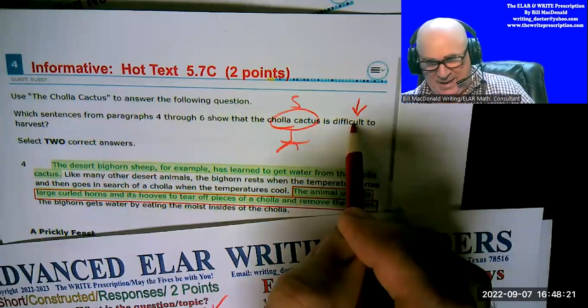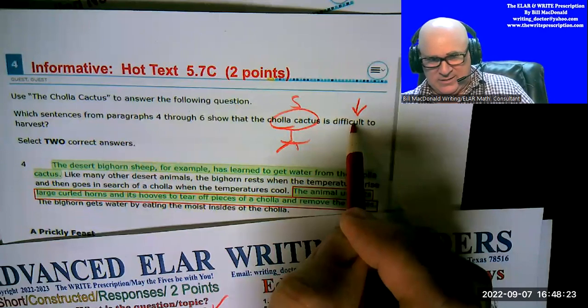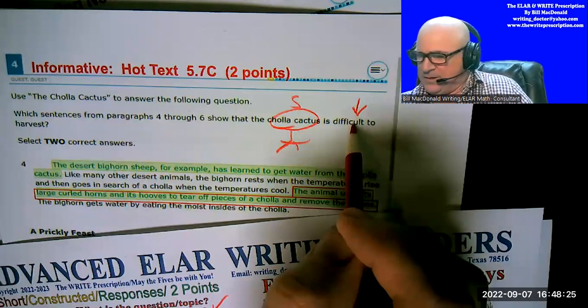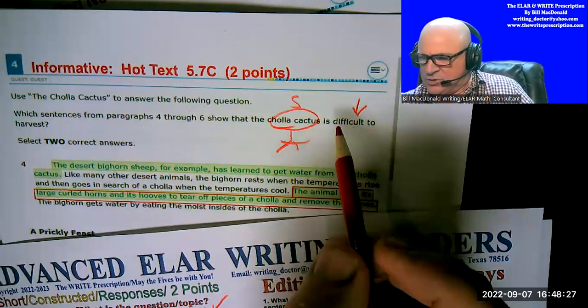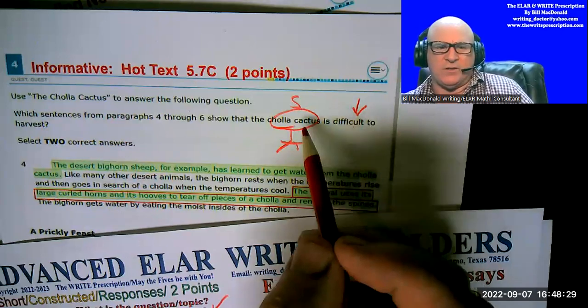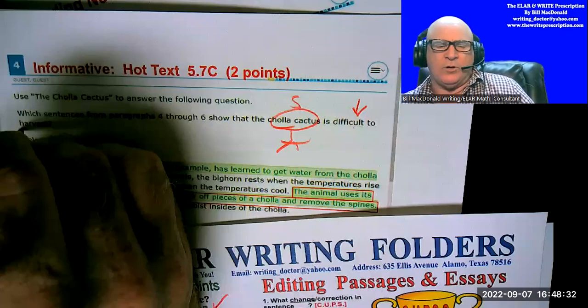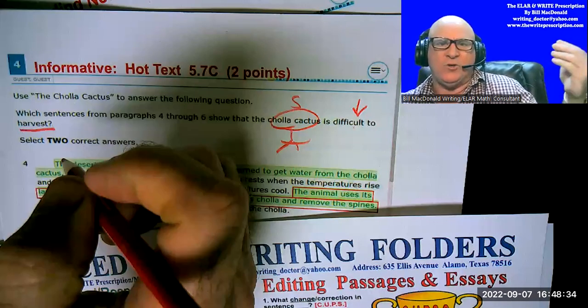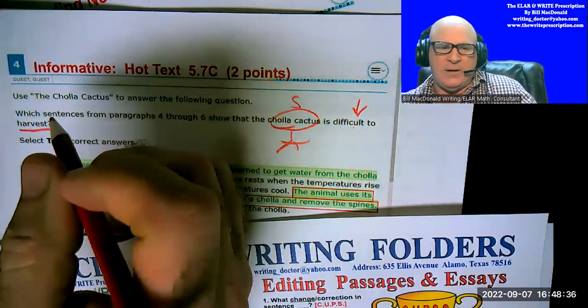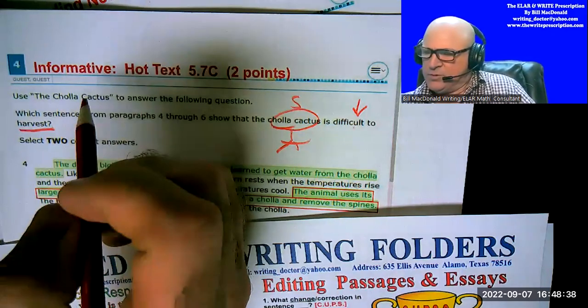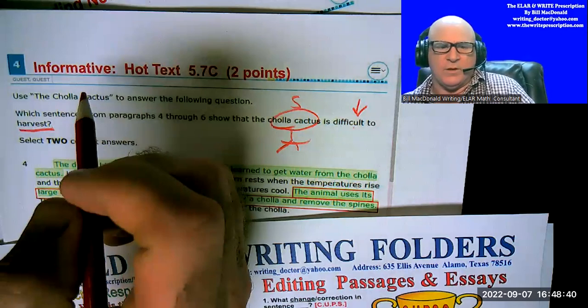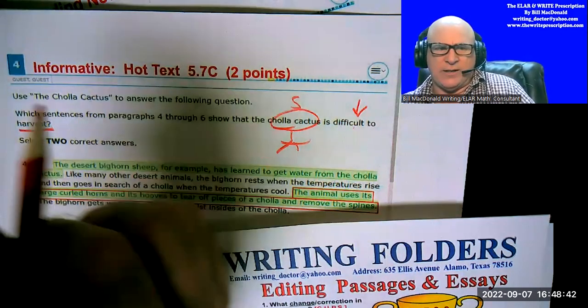I need something that talks about it being negative to harvest. When you harvest something, you're trying to prepare it to be used by people or by animals or for some purpose. So I'm going to look directly at the answers.